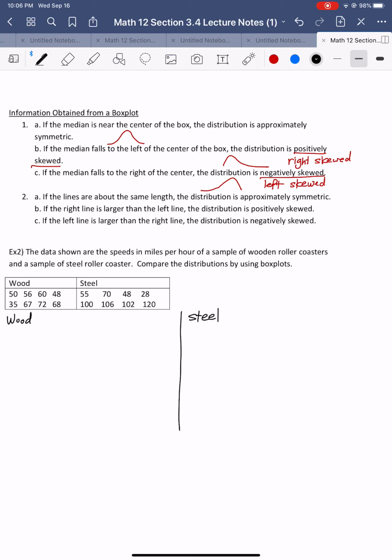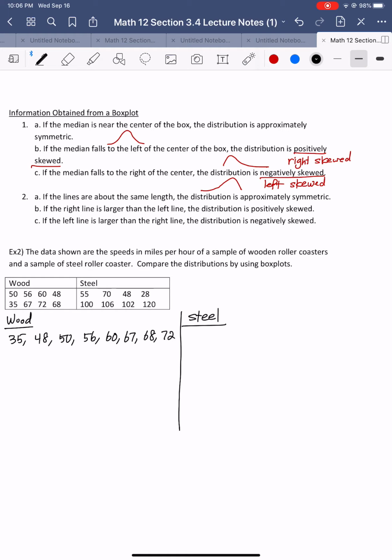Okay, so I want to write the numbers in order first because they're not in order. For the wood roller coaster, the lowest number is 35, then 48, 50, 56, 60, 67, 68, and 72.